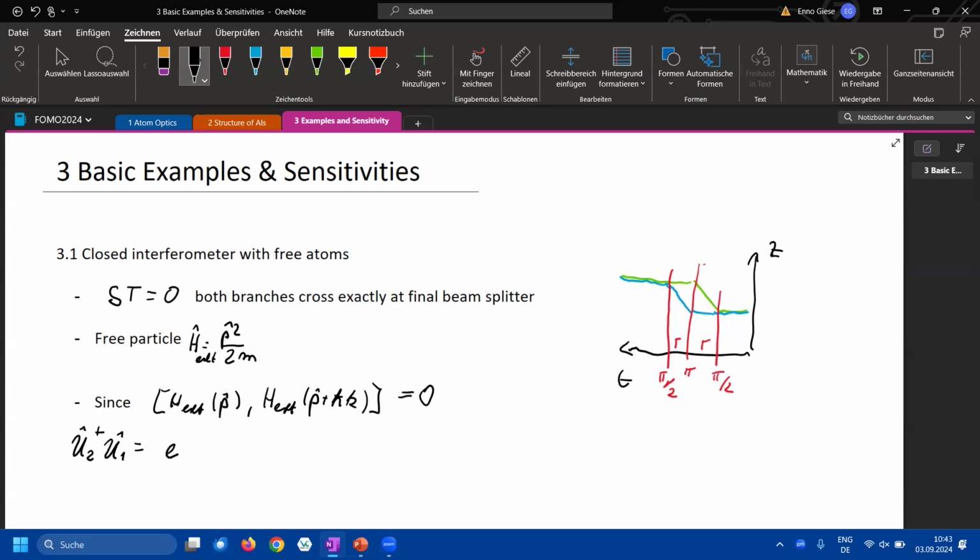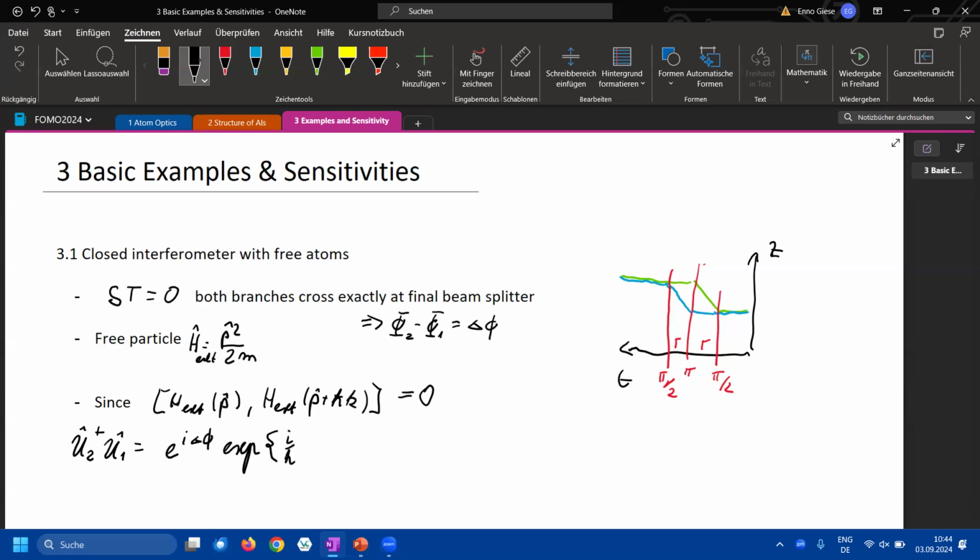And first of all, because delta T is equal to 0, I also see that phi 2 minus phi 1 is just the laser phase difference that I introduced. So it would be e to the i delta phi. And now I have the exponential, and I can just write all those different time evolutions in one exponential.